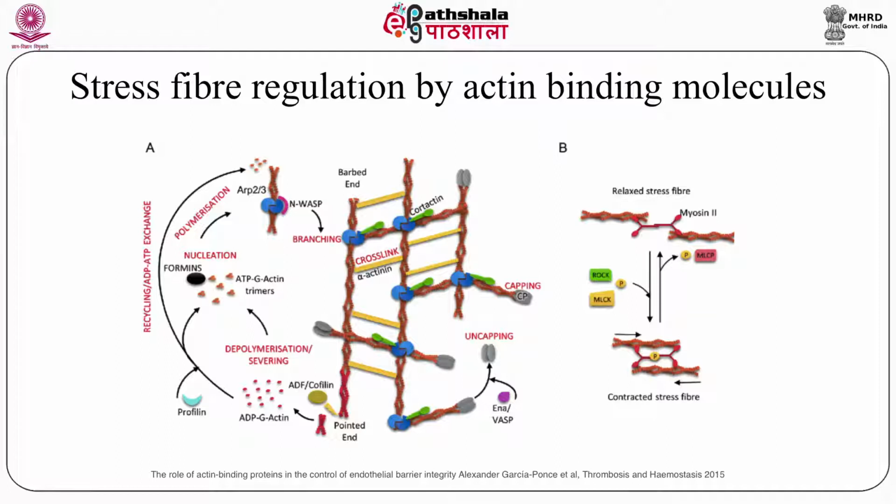This myosin is regulated by phosphorylation via MLCK, which is myosin light chain kinase, and ROCK, which is Rho associated protein kinase, and dephosphorylation is effected via MLCP, which is myosin light chain phosphatase. These proteins MLCK, MLCP and ROCK are in turn regulated by small GTPases and other calcium dependent proteins such as caldesmon and calmodulin.